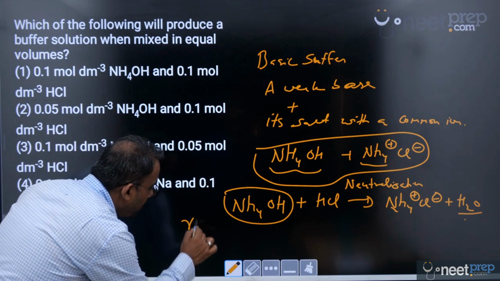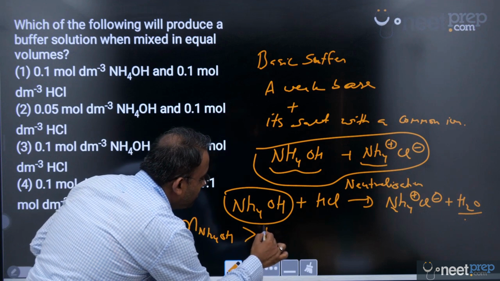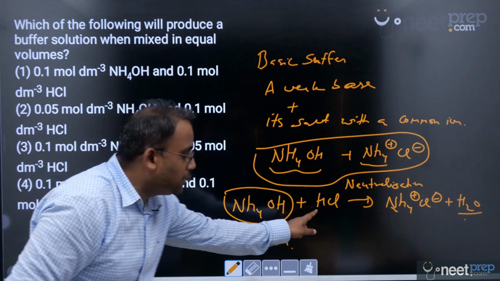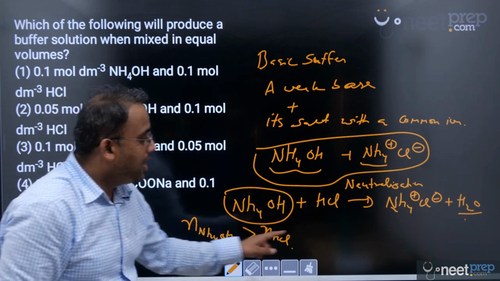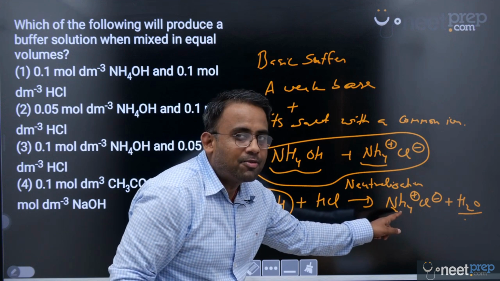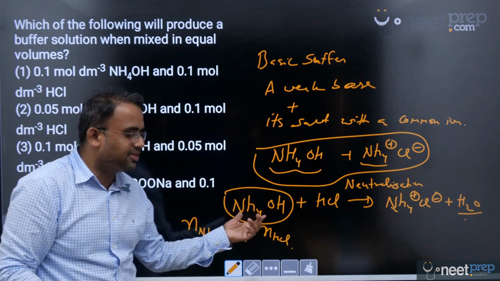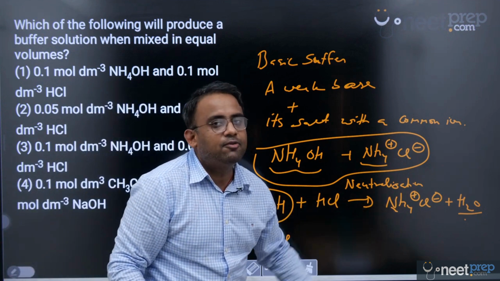So if the number of moles of ammonium hydroxide is greater than the number of moles of HCl, at the end of the reaction the HCl will be totally consumed. Some part of the ammonium hydroxide will be left over, and the neutralization product, ammonium chloride, will be there. And it makes a lot of sense because we will have a weak base and its salt with a common ion.